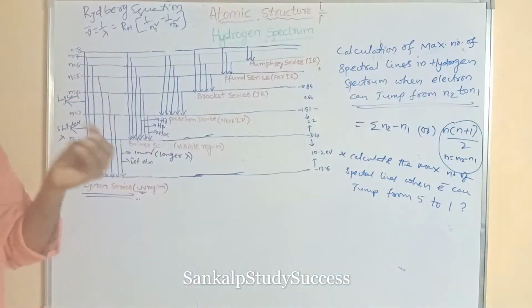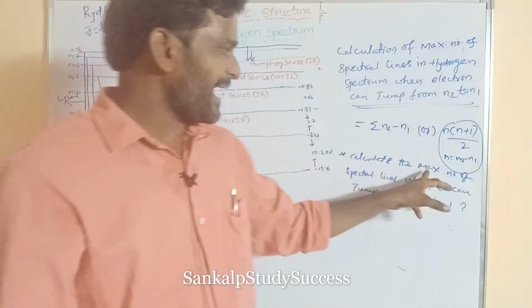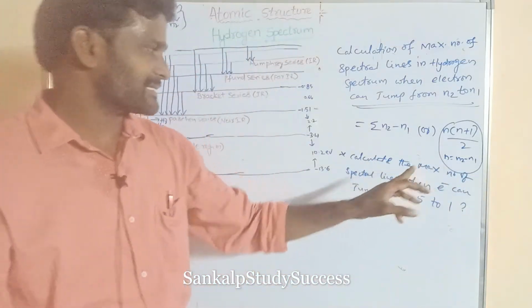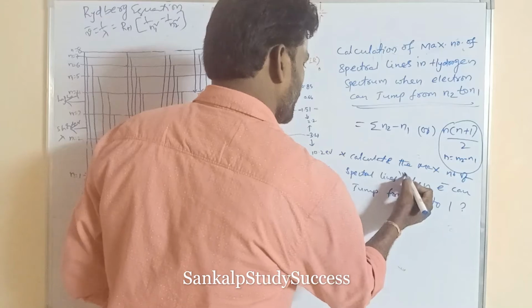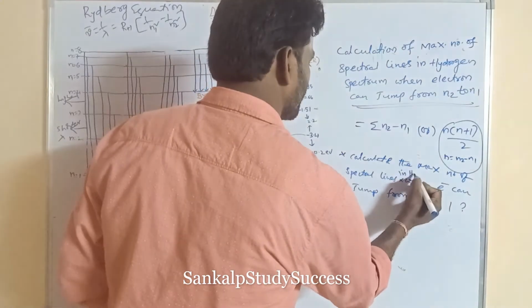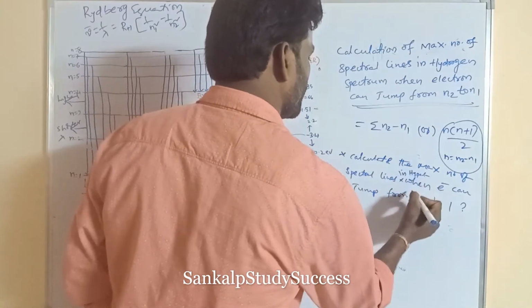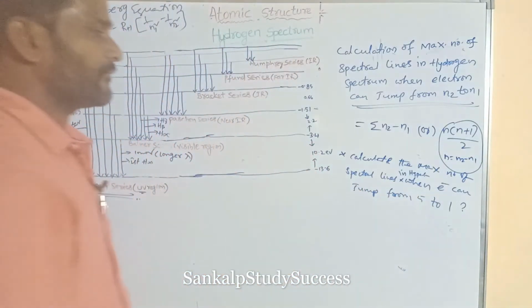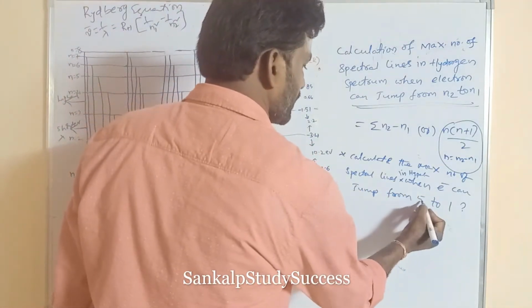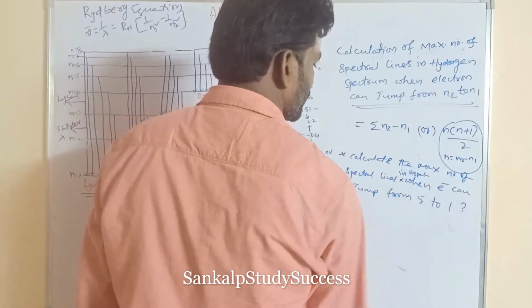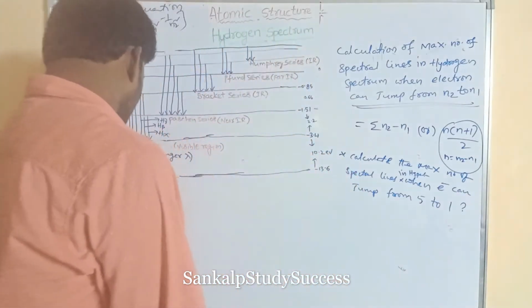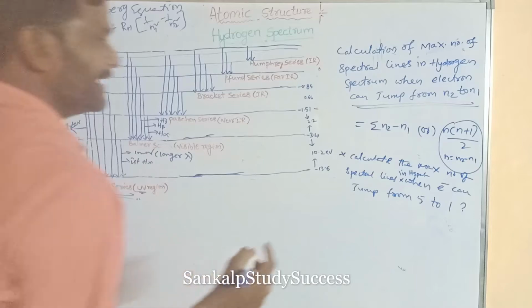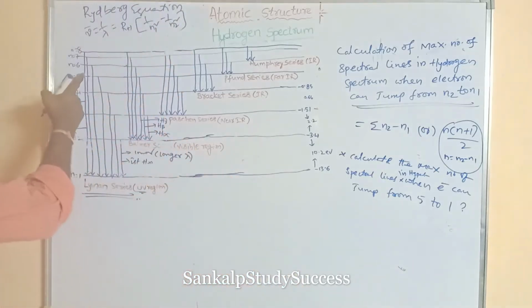So what is the question? Calculate the maximum number of spectral lines in the hydrogen spectrum when the electron can jump from 5 to 1, from energy level 5 to 1.